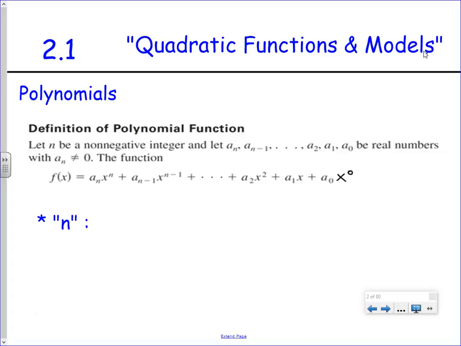Nathan was right. The N. Question. In relationship to all the other powers, what's true about N? It's a number. Yeah, but they're all numbers. It's a constant. It doesn't equal 0. It probably won't equal 0, but it could.